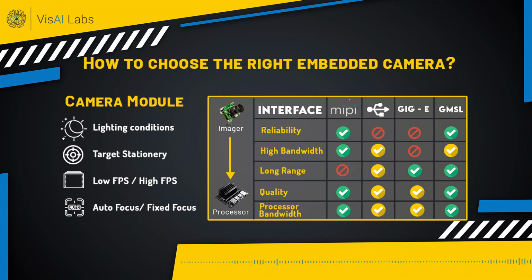Choosing the right interface for the vision system, the right image sensor, and the image signal processor for this sensor are the key challenges. So we should understand the ability of the sensor for a particular application. So let's start looking at the sensor.